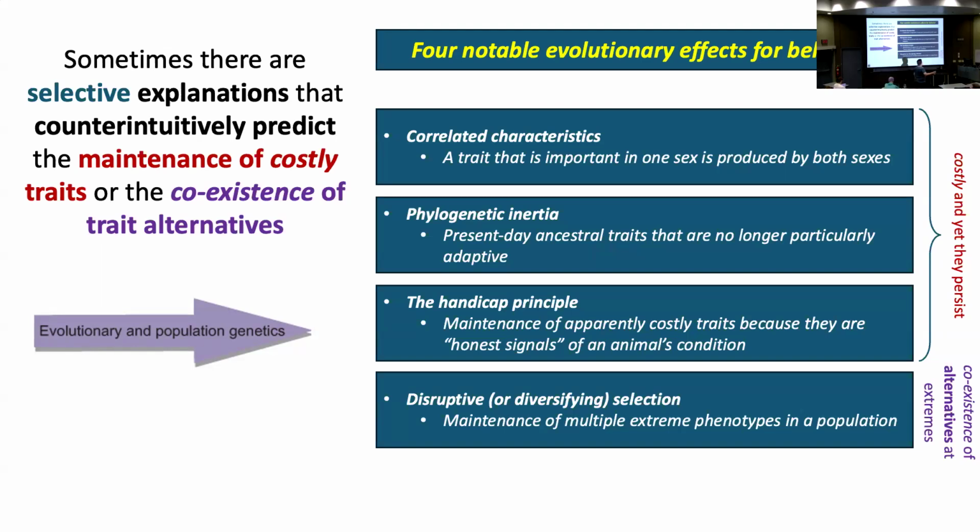Yeah, so that's a great and very detailed question, and that certainly relates. This is going to be related to this correlated characteristic, but these four are examples here, and there are plenty of other examples that have to do with linkage in the genetic architecture that make it very difficult to get rid of one thing without getting rid of another thing.